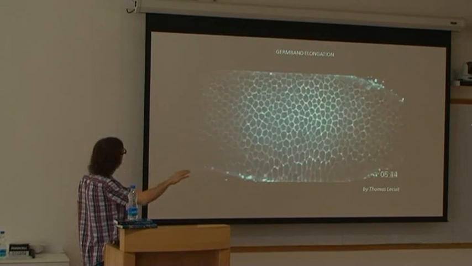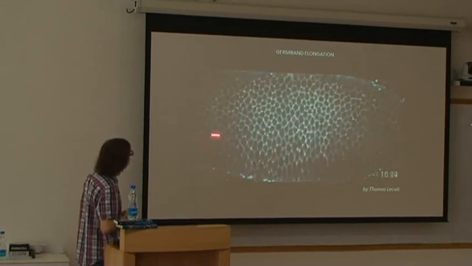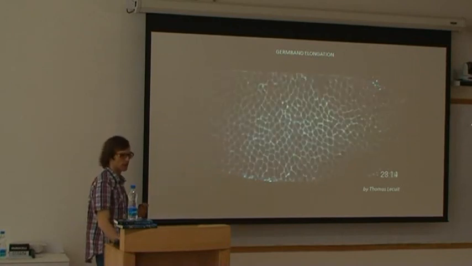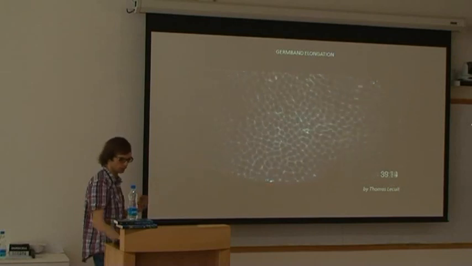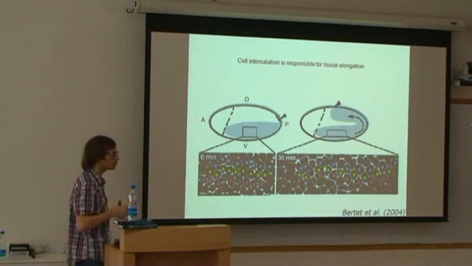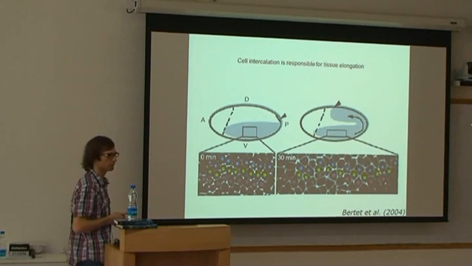But for now, we take just into account this elongation. So this elongation has been studied a lot, and it has been shown that this elongation, which is called germ band extension, so it's the extension of this tissue, is possible because within the tissue, cells are going through a process called cell intercalation.